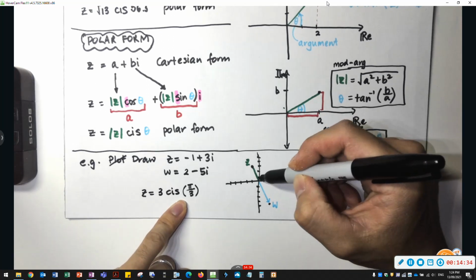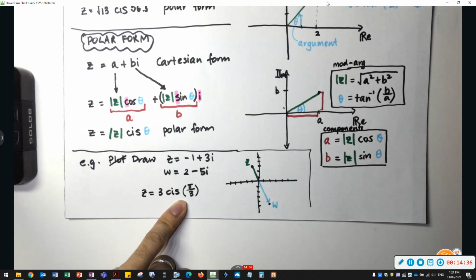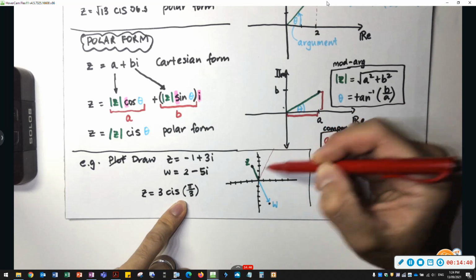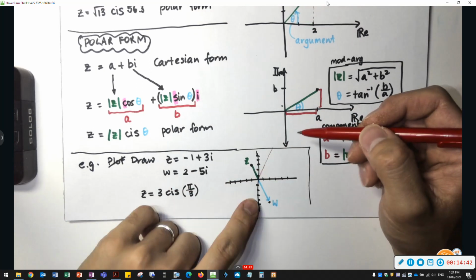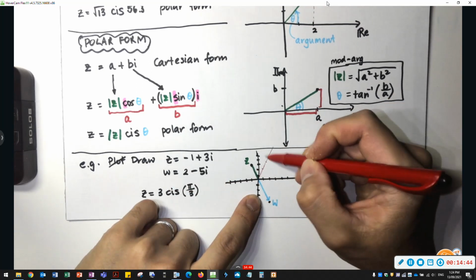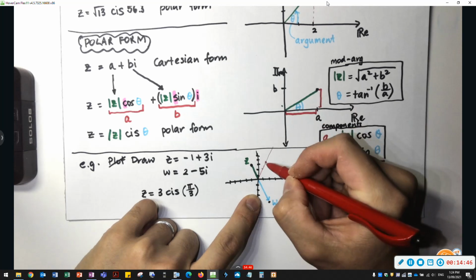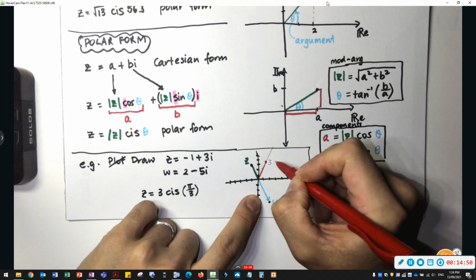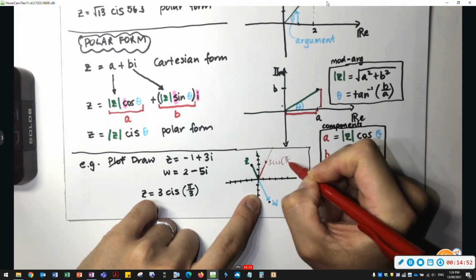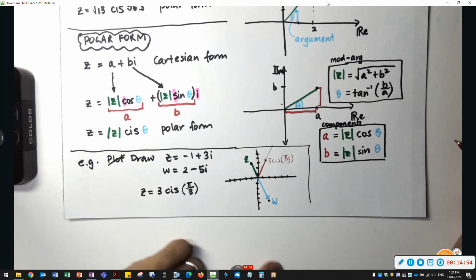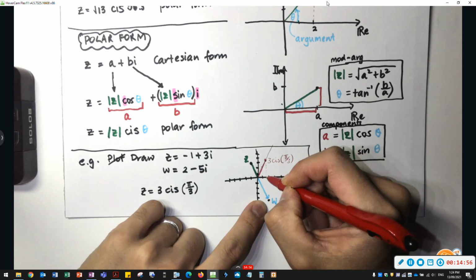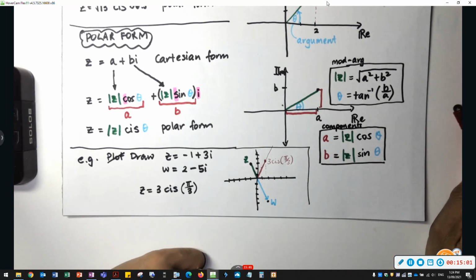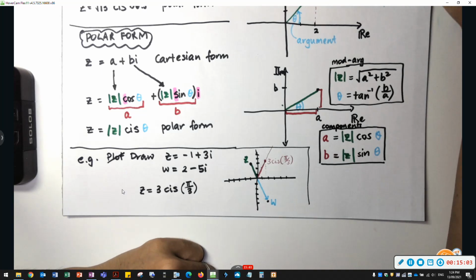And from here I need to draw a line that's 60 degrees. Okay, and then I just have a length of 3. 1, 2, 3. Okay, so that's my 3 cis pi on 3. And if you want to know what the exact values of the real and imaginary are, you just use this formula over here to figure it out.